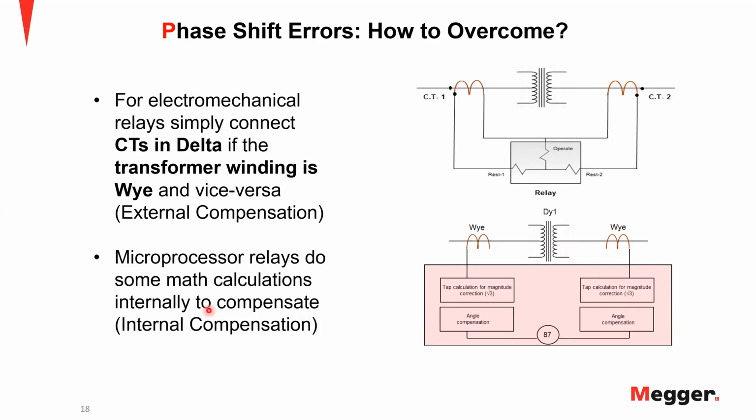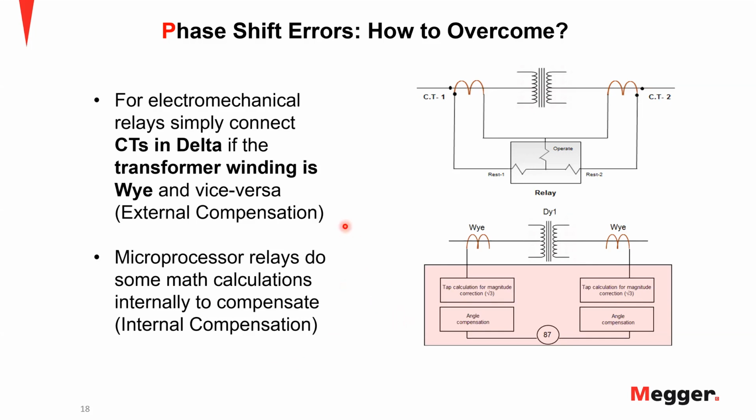That is called internal compensation. Compensation matrices are defined with respect to certain winding configurations, and based on the winding configuration we use, we can choose the appropriate compensation matrix to compensate internally inside the relay, and that is done mathematically.